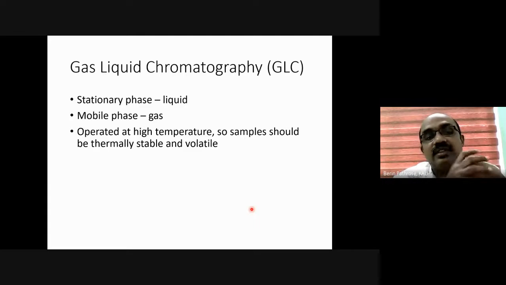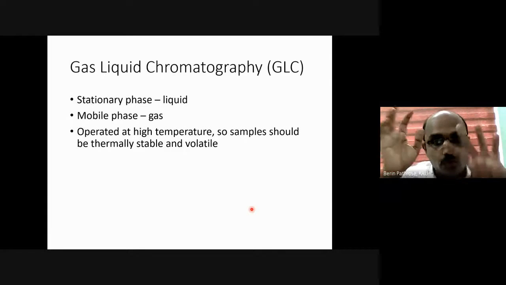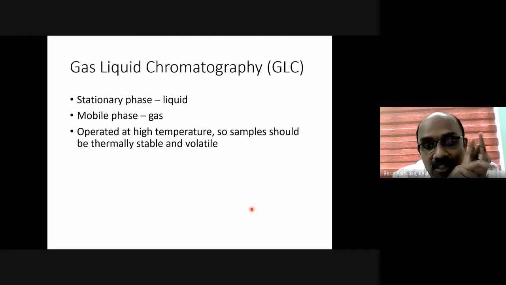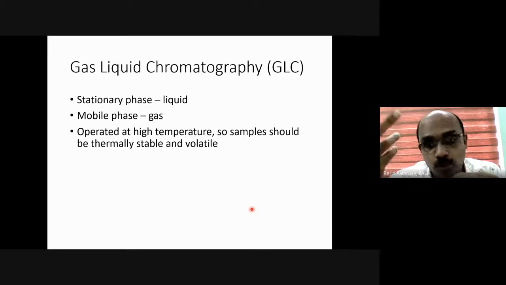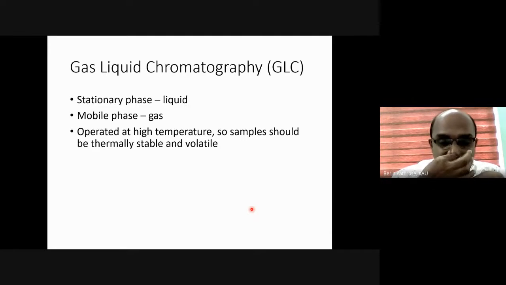through the stationary phase. So whatever sample we introduce in gas liquid chromatography for analysis should be thermally stable, because we are operating at a high temperature, usually up to 300 degrees Celsius. We can start from room temperature and go up to 300 degrees Celsius.